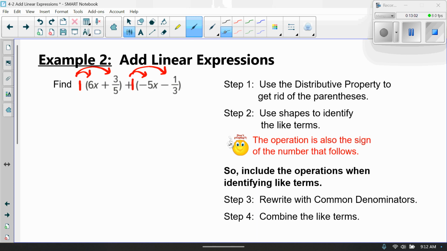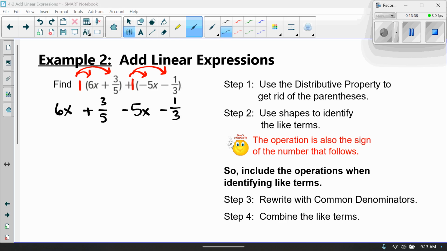We have 1 times 6x. That's going to give us a positive 6x. Then we have 1 times a positive 3/5. That's a positive 3/5. And now for the next expression, we have positive 1 times negative 5x. That's a negative 5x. And positive 1 times negative 1/3 is a negative 1/3. Okay?